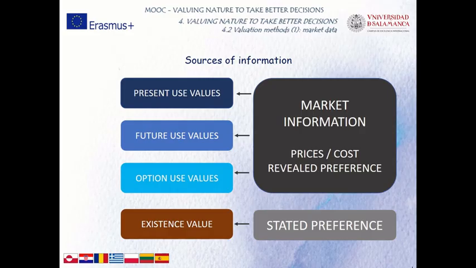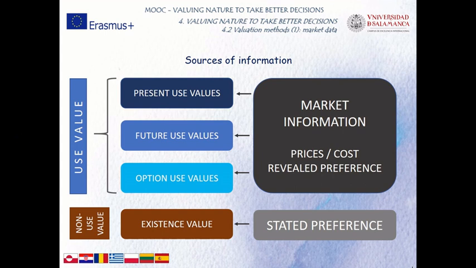From the unit before the previous unit, we saw that for use values, we might have market information, either prices and cost or revealed preference. And for the existence value, which is a non-use value, we need to use stated preference methods.